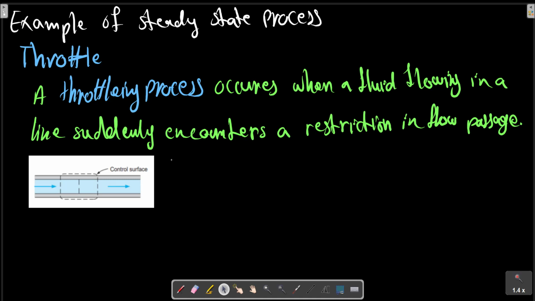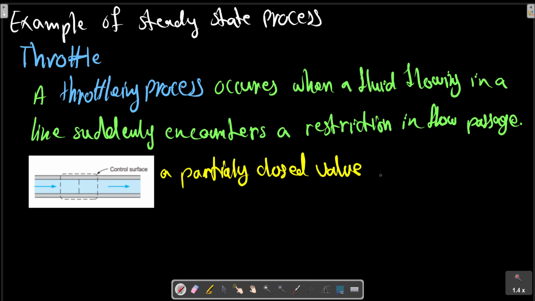So it may be a partially closed valve protruding into the flow passage.